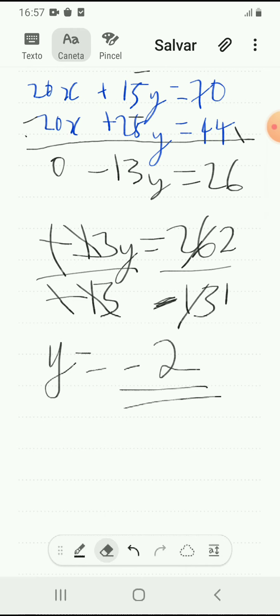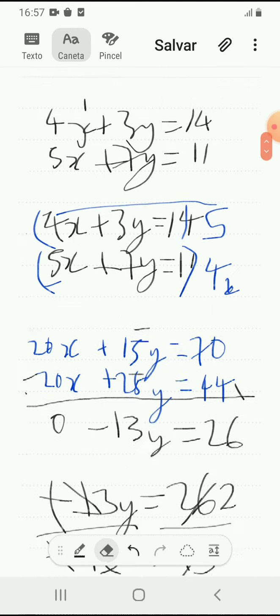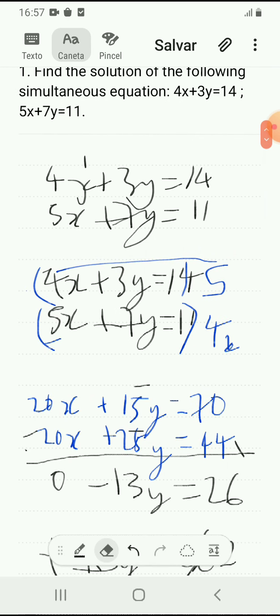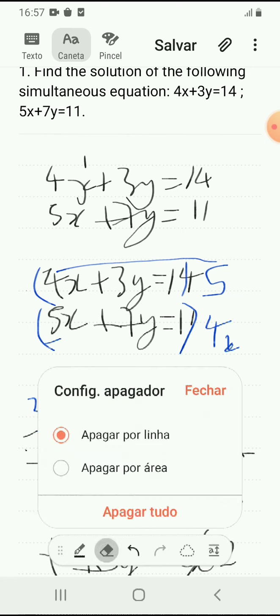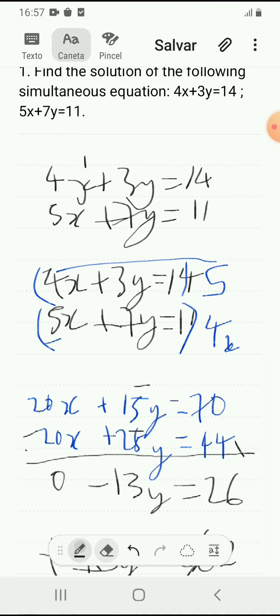So now we have the answer to y, right? We can choose any of these equations. We can choose the simplest one to solve to find the other missing letter, in this case x.